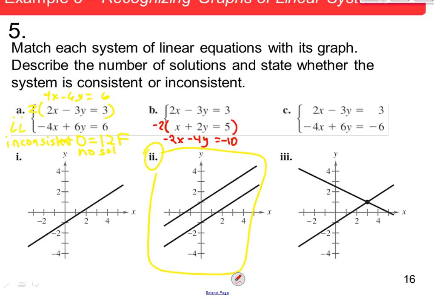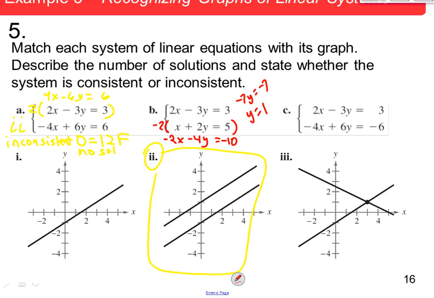When I add that to the third, I don't have a lot of room, but I get 0 for the x's, negative 7y equals, negative 10 plus 3 is negative 7, and then y equals 1.